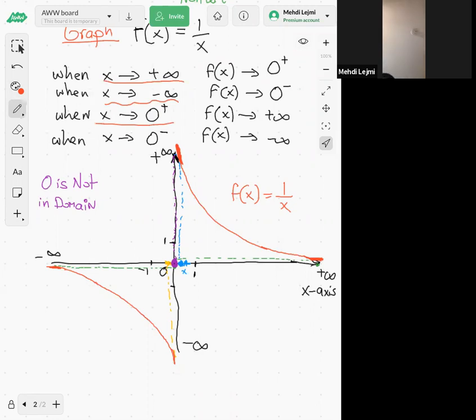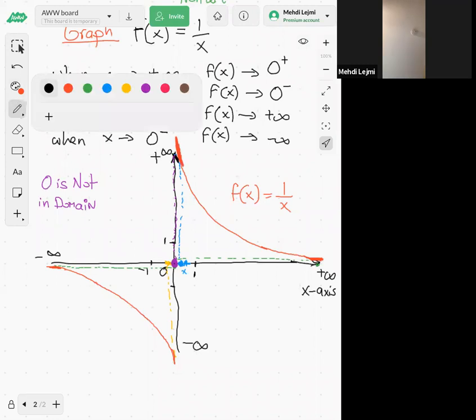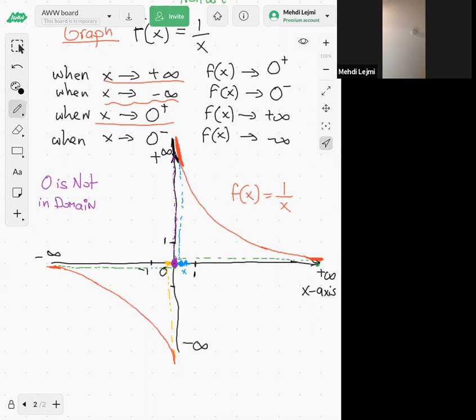But 0 is not in the domain, so 0 has no image. There's no output when x is 0. So you see here the graph of f of x is going to be very, very close to the y-axis. This is your y-axis. It's going to be very close, but it's never going to touch the y-axis, right?